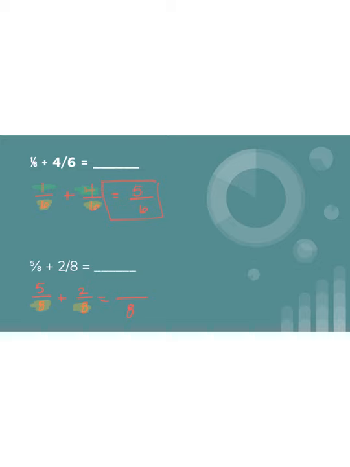Remember, that bottom number, that denominator, does not change. After I've looked at that one, I'm going to look at the top. I have a 5 here and a 2 here. Remember, we're just going to add those straight across. So 5 plus 2 is 7. So my fraction turned into 7/8. When I think of a 7 and an 8, neither of them can be divided by anything other than 1. So because they can't be divided by anything other than 1, that's just going to be my final answer.